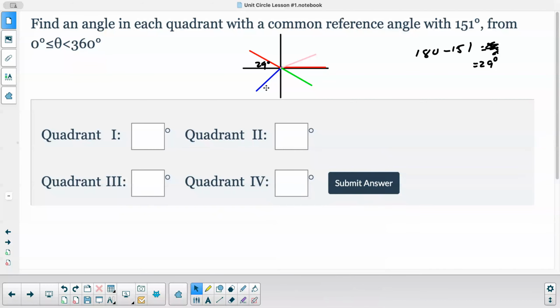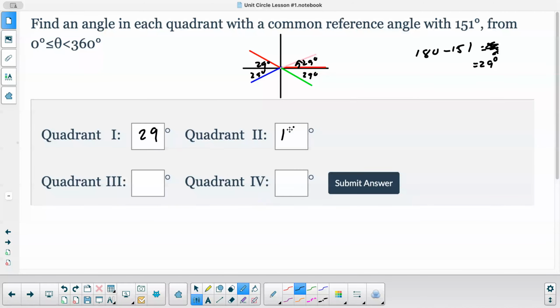And this one's a little off here. That looks a little better. So it's like you got a 29-degree angle in each one. So this pink one here is 29 degrees if I were to measure from there to there.